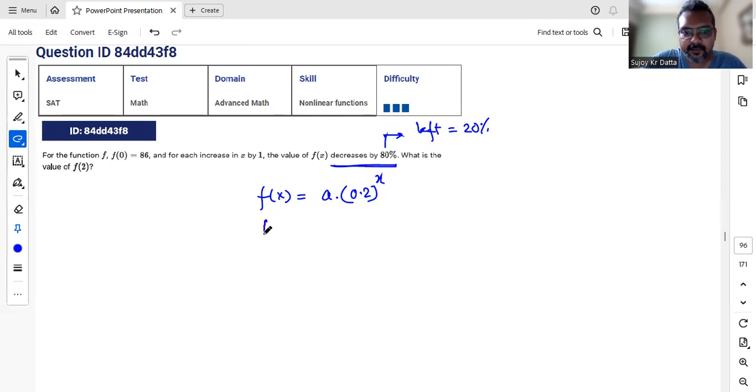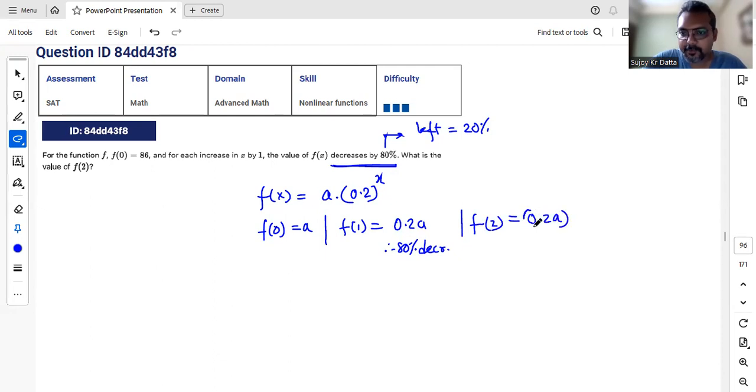So if f(0) is a, f(1) would be 0.2a, so that's an 80% decrease. f(2) would be 0.2 squared a, so that's basically 0.2a times 0.2. From here to here, there is again an 80% decrease.